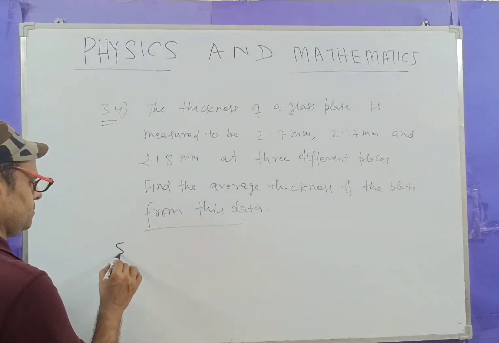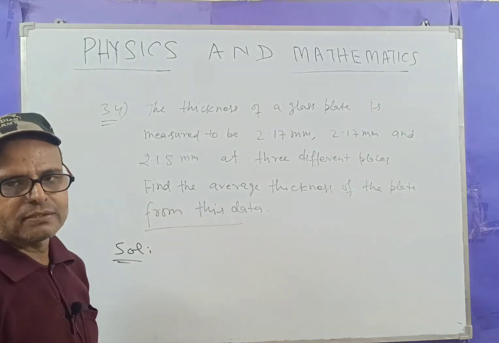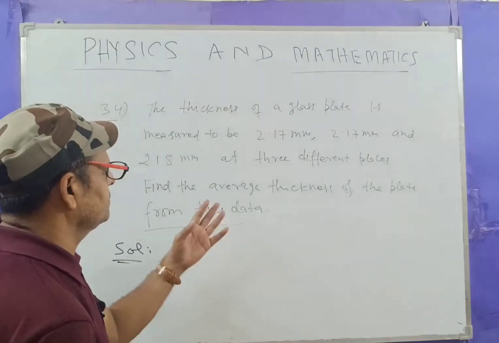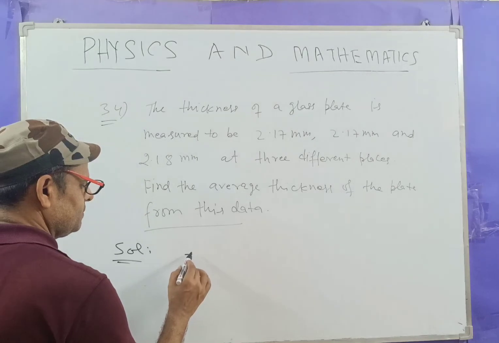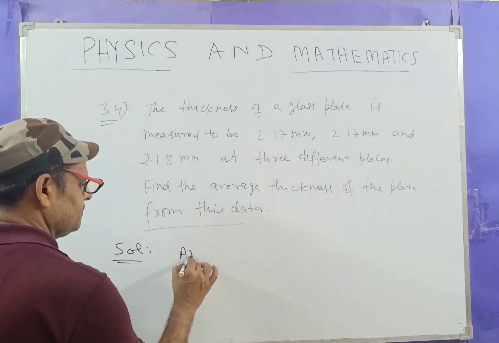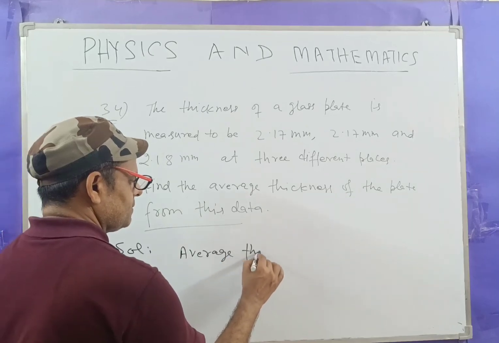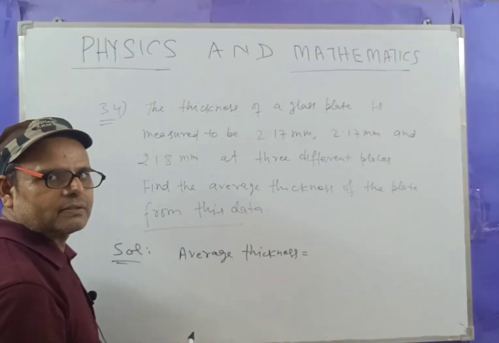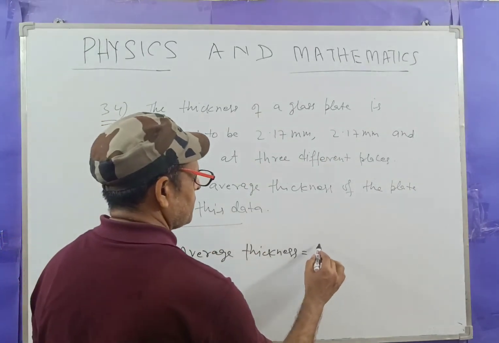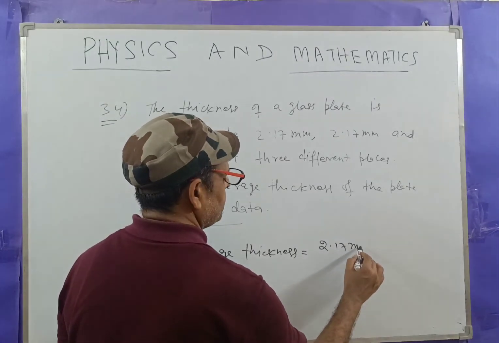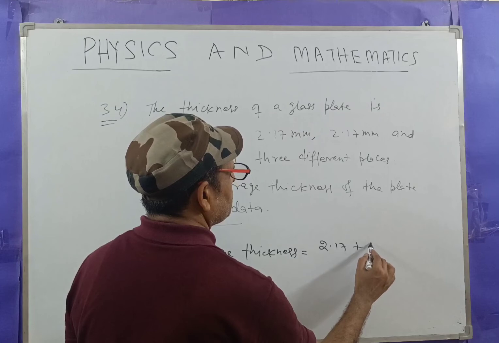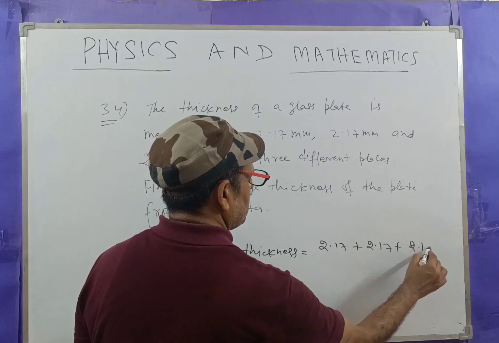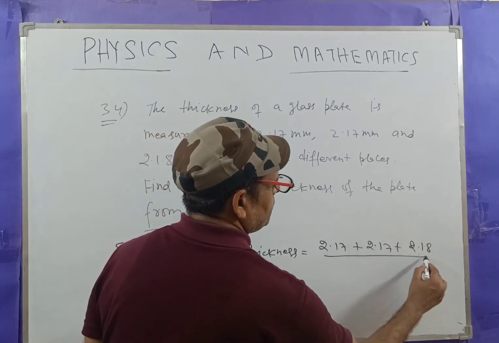Solution: the average thickness, that is the general formula for the calculation of average value, is equal to adding all these 3 values and dividing by 3. 2.17 plus 2.17 plus 2.18 divided by 3.